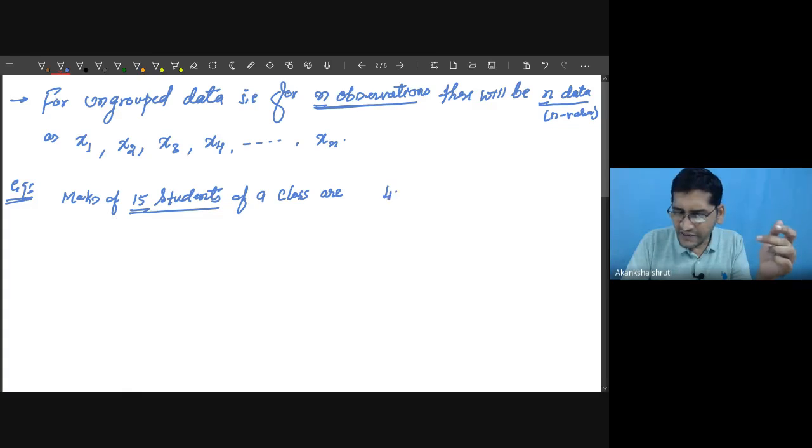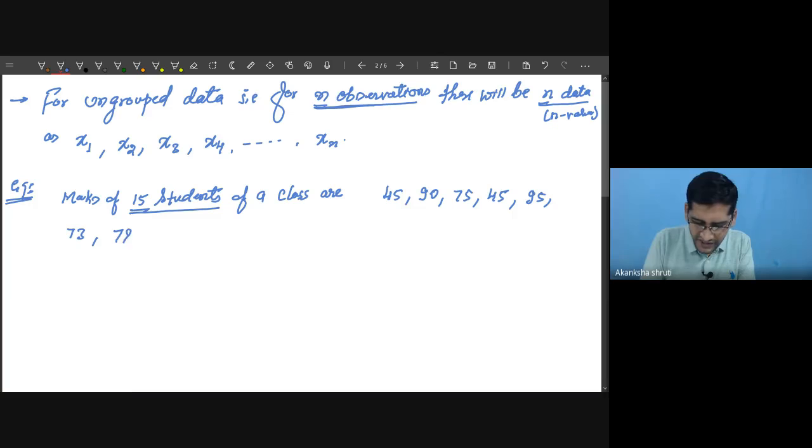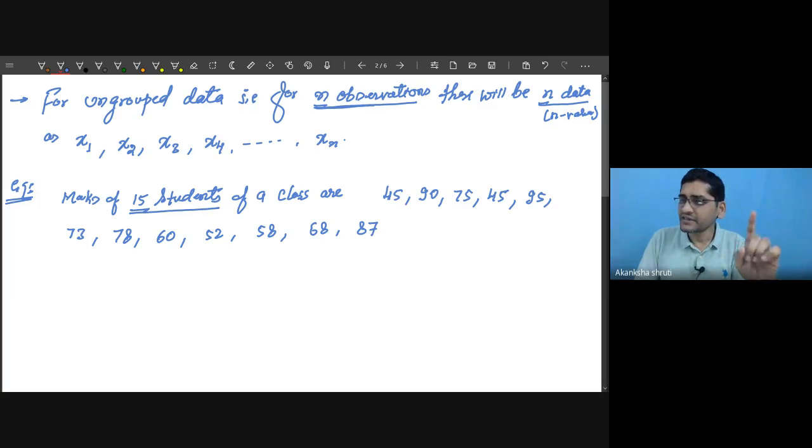Say one of the students is getting 45, another is getting 90, another 75, another also 45, 95, 73, 78, 60, 52, 58, 68, 87. Likewise, for these 15 students I will have 15 observations.